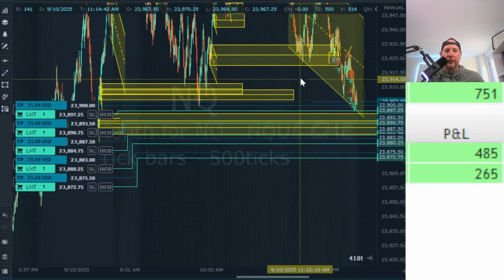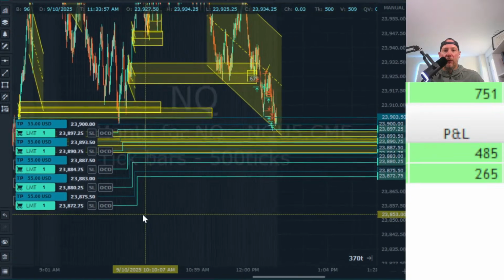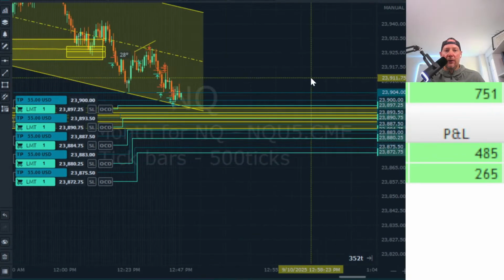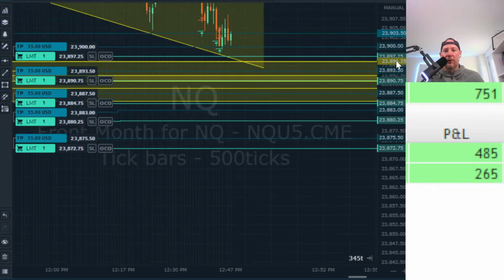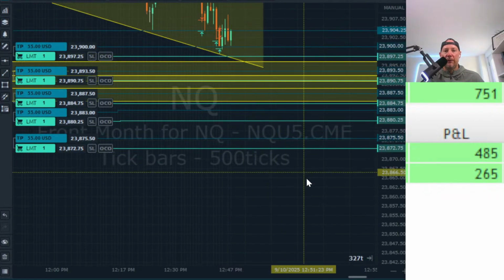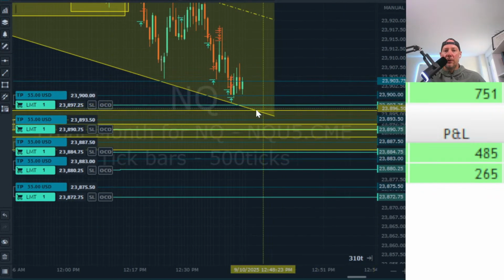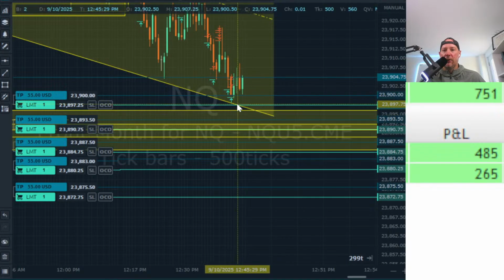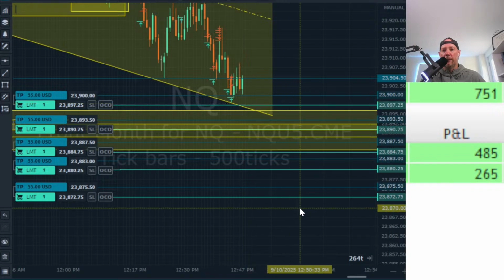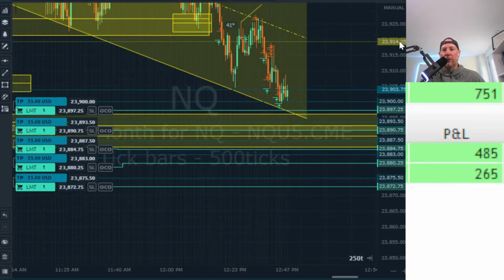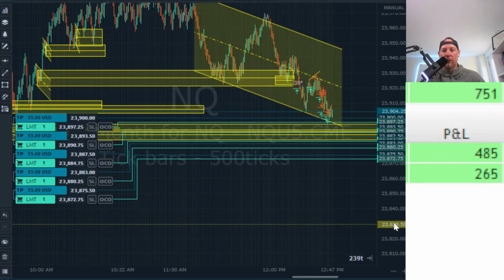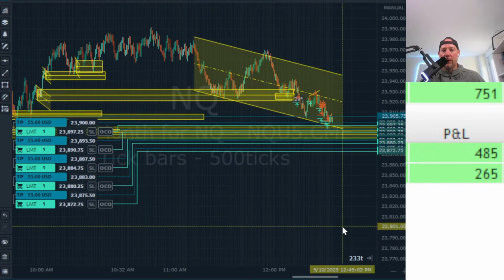I've seen this happen before where it goes down this channel, keeps going down, and then just dumps like 50 to 100 points. So what it could potentially do is go here and then go down to like 800, which would be somewhere right here.